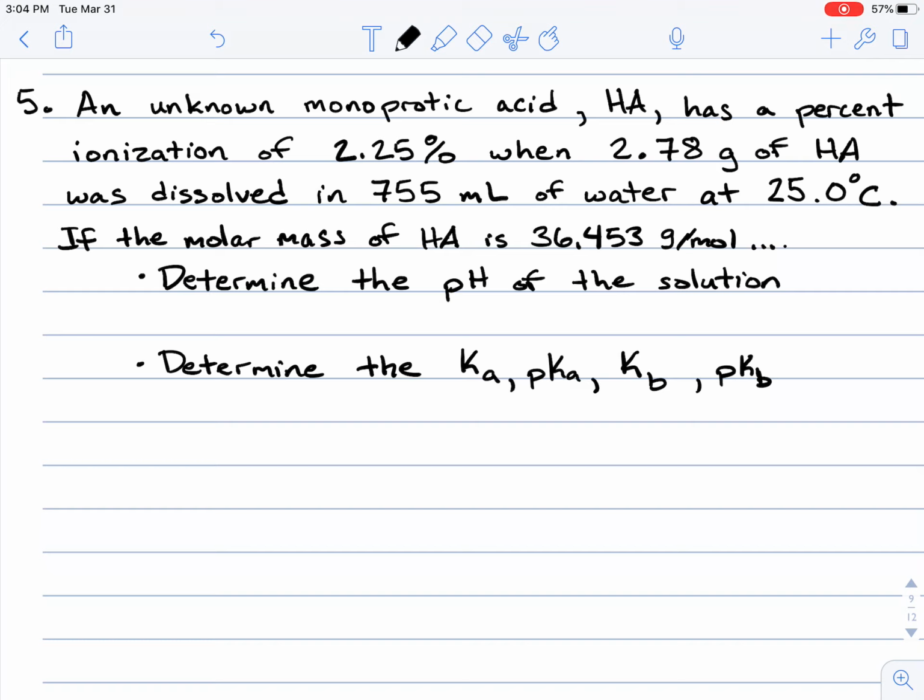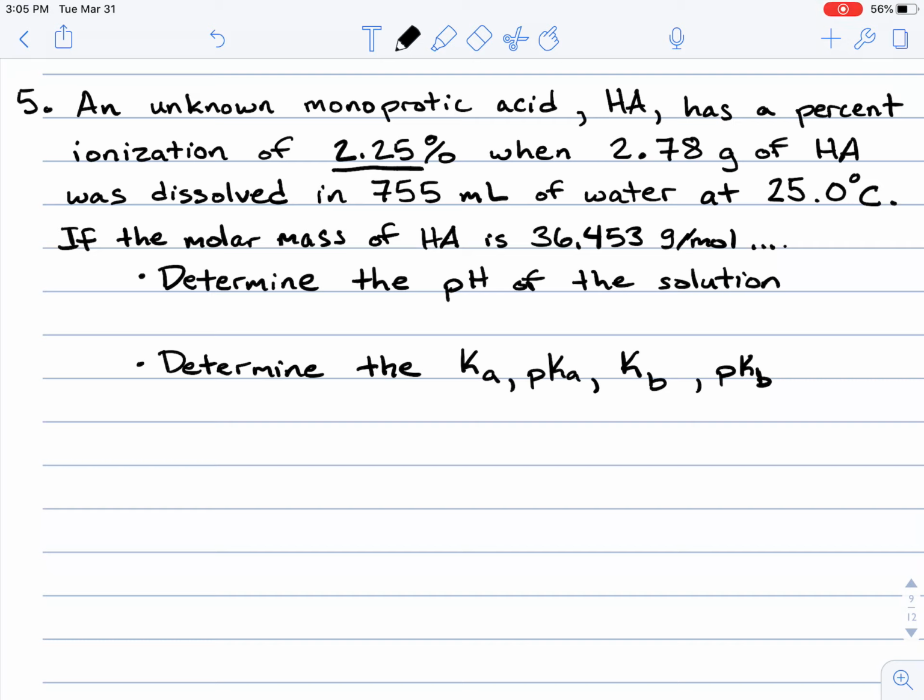So for number 5, we have an unknown monoprotic acid, and this time it's going to be symbolized as HA. And it has a percent ionization of 2.25%, when 2.78 grams of this unknown monoprotic acid is dissolved in 755 mL of water at 25 degrees Celsius.